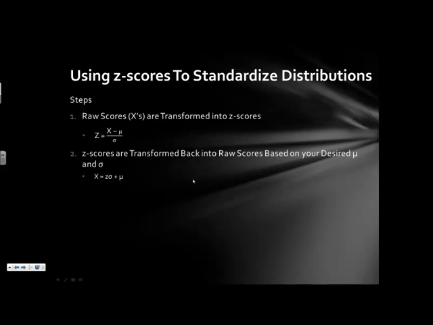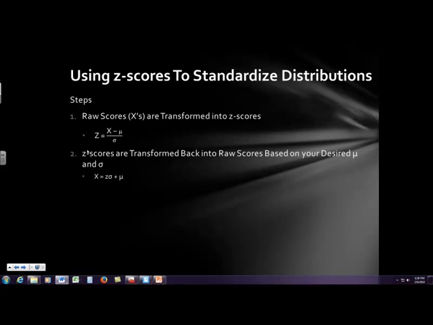So this is really the same principle as converting x's to z-scores to see how extreme your score is on a distribution, or in other words, how extreme your score is compared to the rest of the people in that distribution. But this time, you get to choose the mean and the standard deviation. We can set the mean and standard deviation to whatever we decide to set it to. So there are two steps.